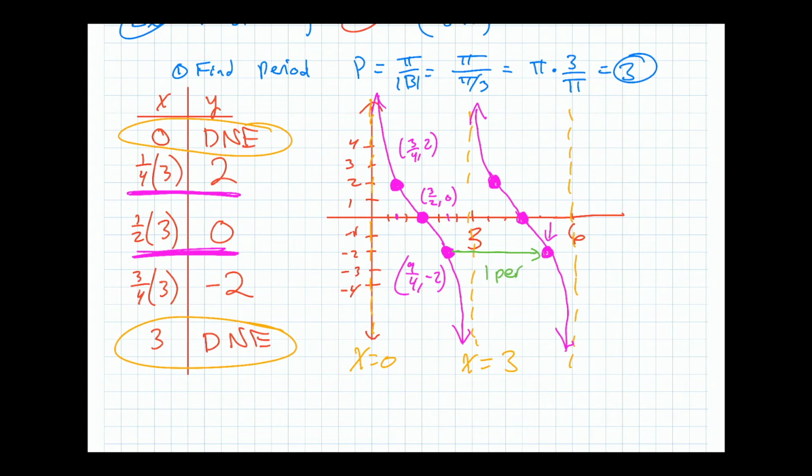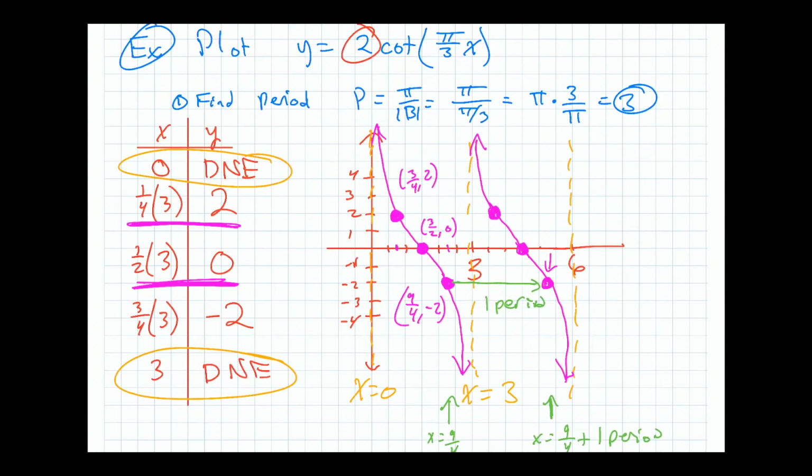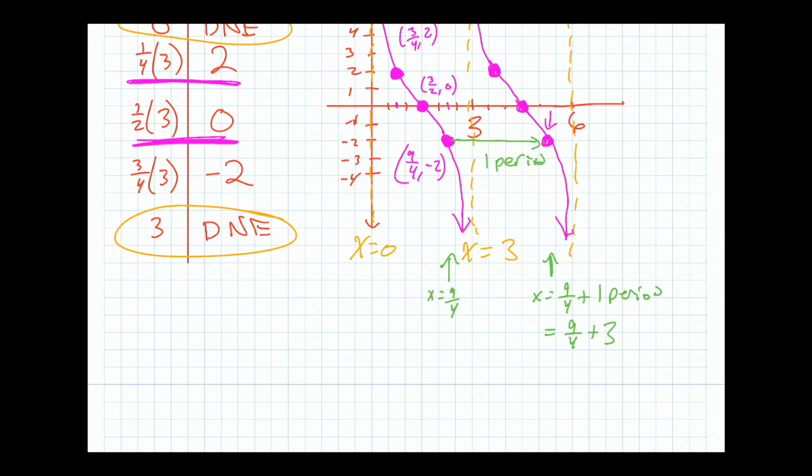If I knew that this point was at x equals 9/4, and I wanted to know where this one was, that would be 9/4 plus 1 period. What was 1 period? It was 3. So 3 plus 9/4, and that would give me that x value.